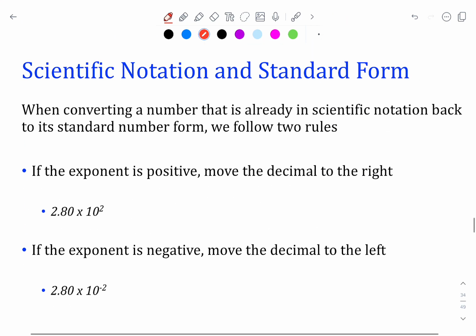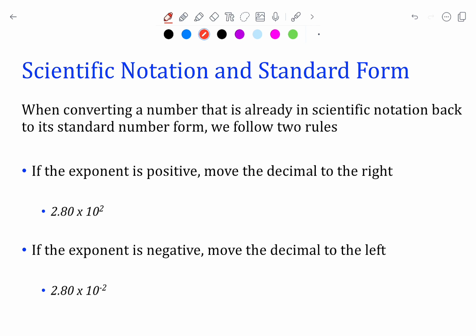Now, when we're converting a number that's already in scientific notation back to its standard form or its whole number form, we're going to follow those same 2 rules about our decimal place. If we see that the exponent is positive, we are now going to move our decimal to the right to compensate for the fact that it was moved to the left to make it scientific notation.